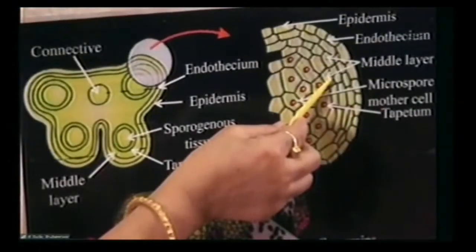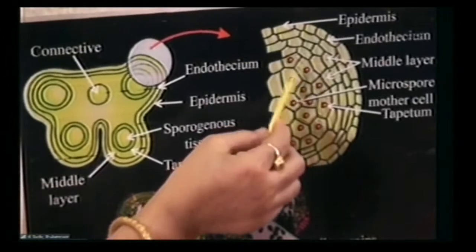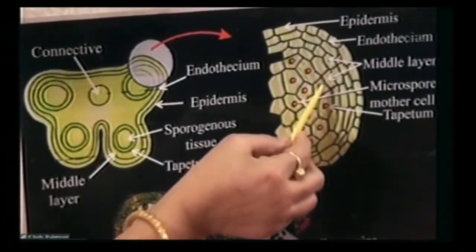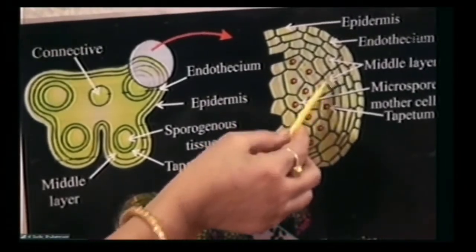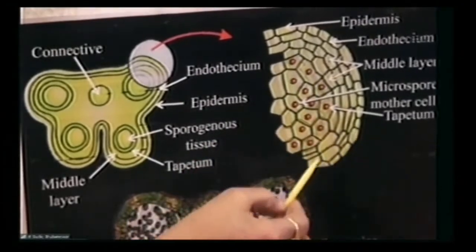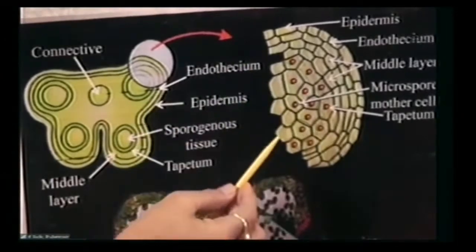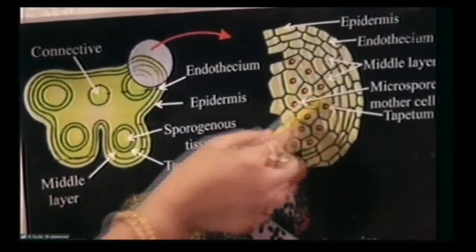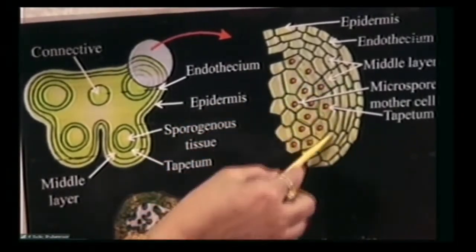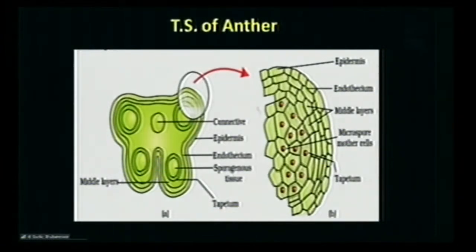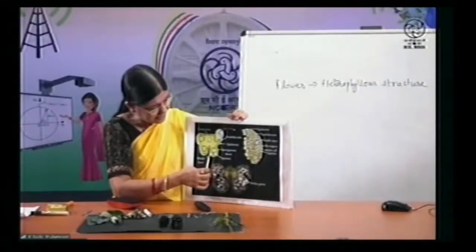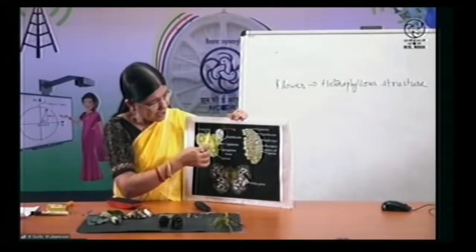Next to the endothecium lie the middle layers. Middle layers may be 2 to 3 layers. Here only 2 layers have been shown, but it may be 2 to 3. The main function of these middle layers is the same, protection. So these 3 layers provide protection. Another thing I would like to tell you: these 3 layers are continuous throughout the anther.